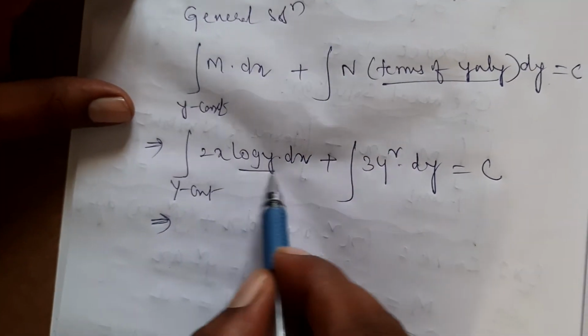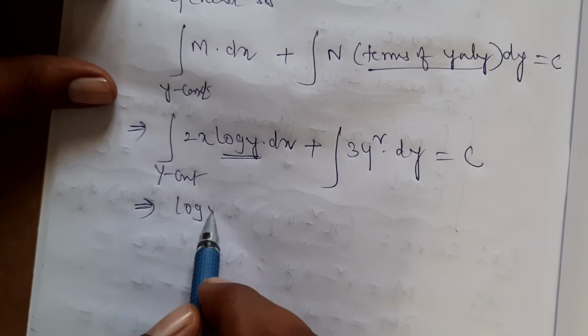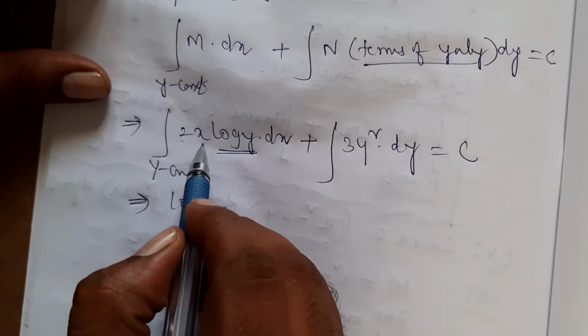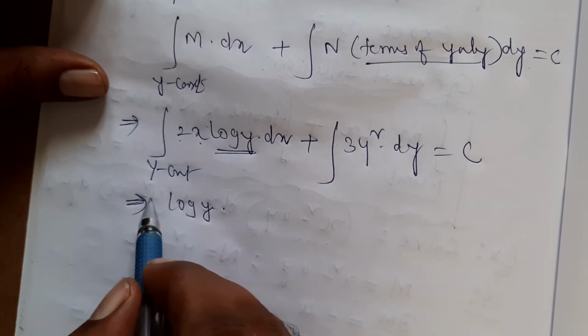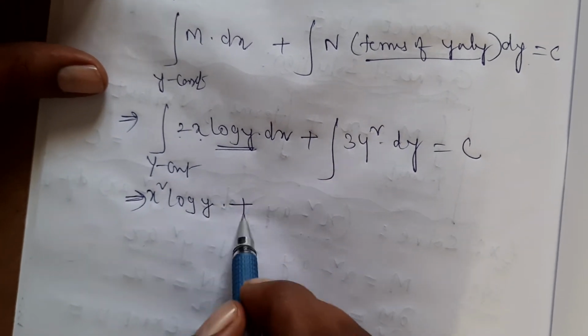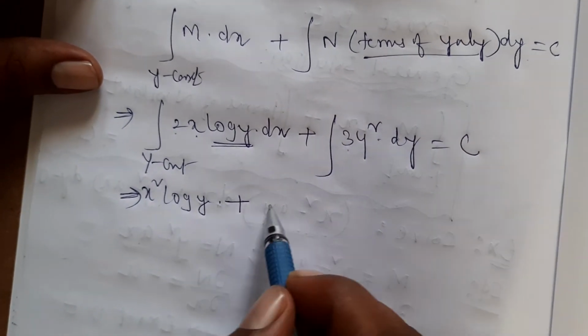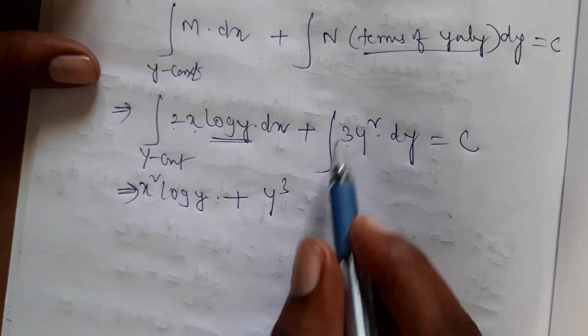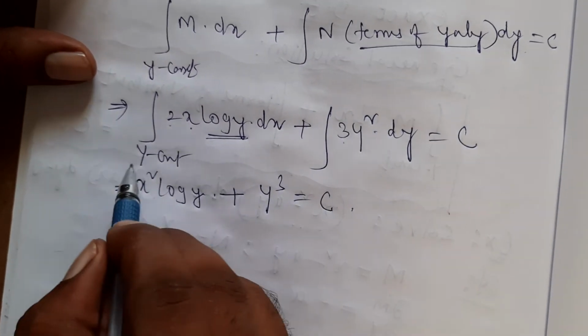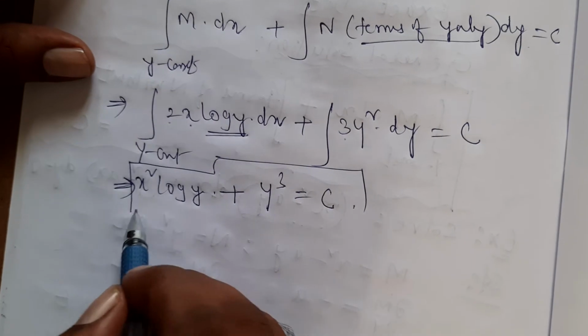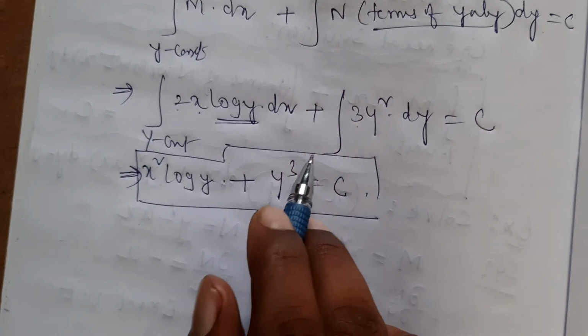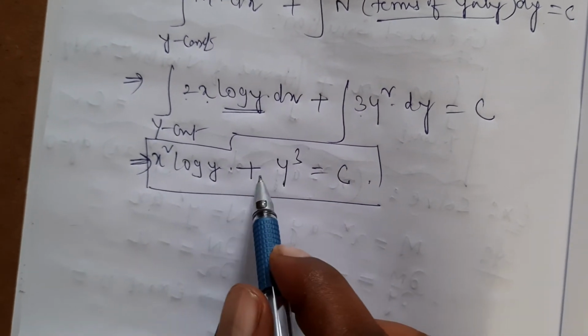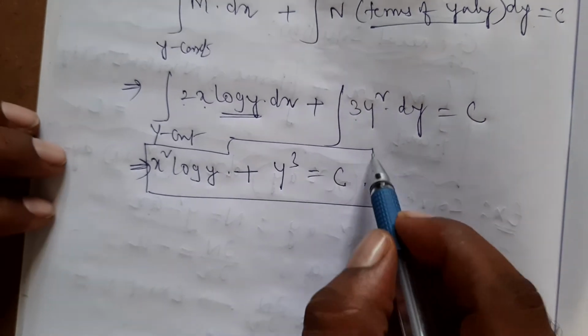Y is constant now, so log y, and integral of x gives x square by 2, so x square log y plus 3 into y square dy means y cube by 3, this value cancels, equal to c. So the general solution is x square into log y plus y cube equal to c.